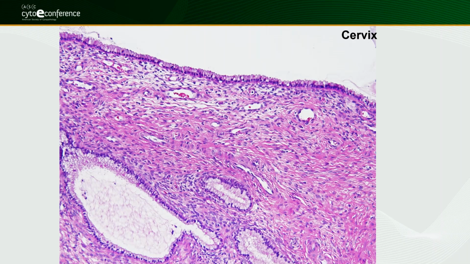Going further up, the surface is lined by endocervical mucosa, and the benign typical endocervical mucosa has columnar epithelial cells with abundant mucinous cytoplasm and basally located nuclei, and the same for the endocervical glands lining underneath.